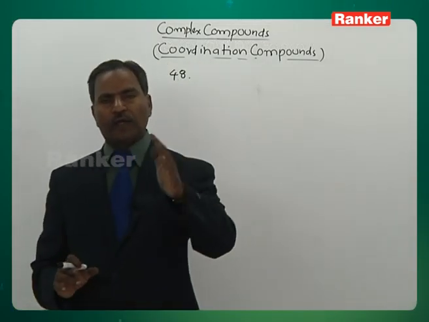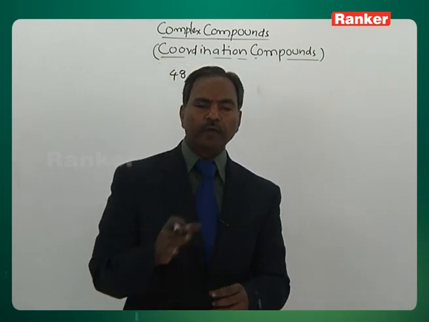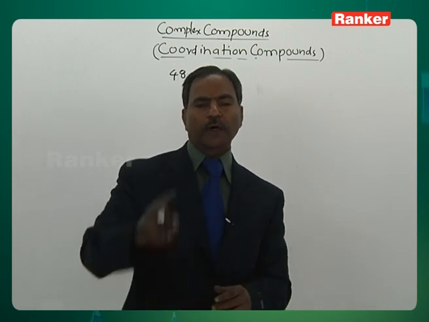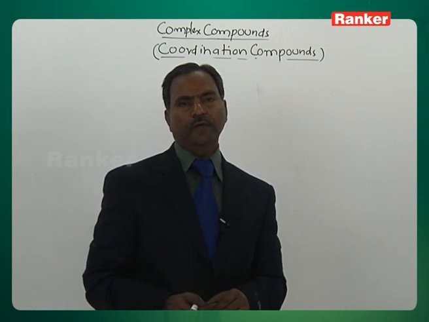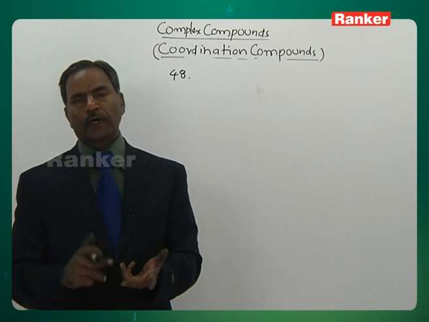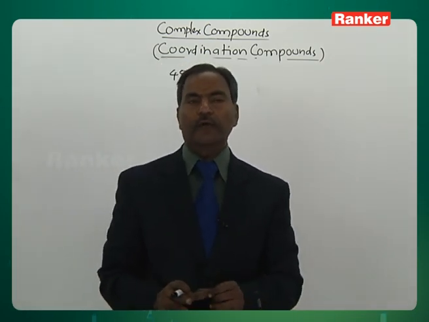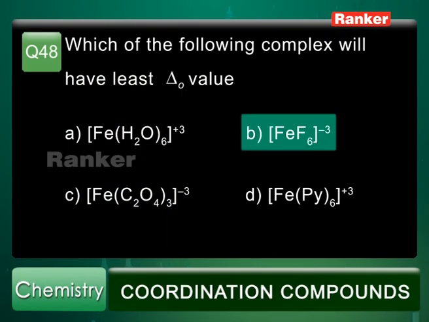Among the given, which is strong field and which is weak field, you have to check. Py is the only strong field ligand. For the remaining A, B, C, we have aqua, fluoro and oxalate ligands. Among these three, the fluoride ligand is the weakest field. Therefore, the answer is B for question number 48.